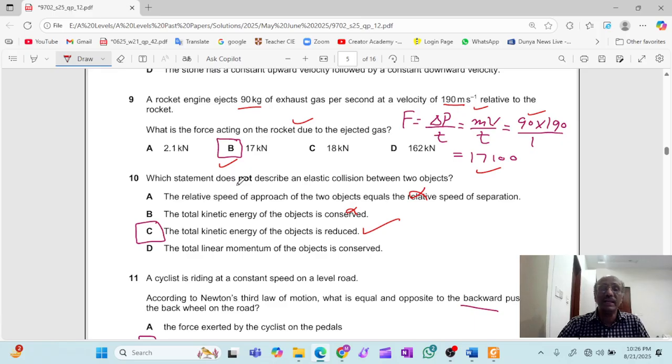The difference between the elastic and inelastic collision is that in an elastic collision, the kinetic energy will always be conserved. So relative speed of approach is equal to relative speed of separation. So these two features describe the elastic collision, option A and option B. The question is saying which one will not describe. So option C will not describe the characteristic of the elastic collision.